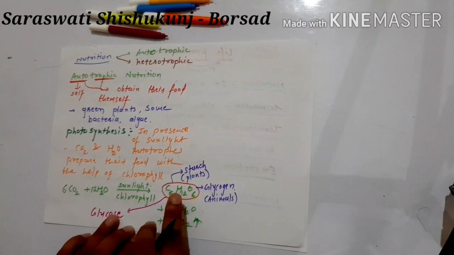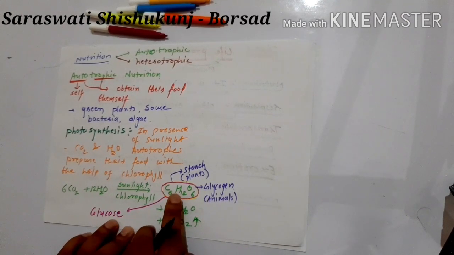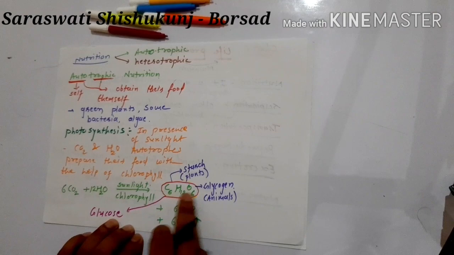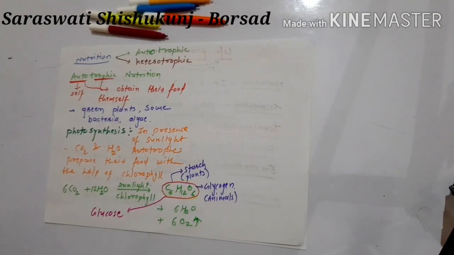So the unused glucose in plants will be stored in the form of starch, and in animals it will be stored in the form of glycogen.